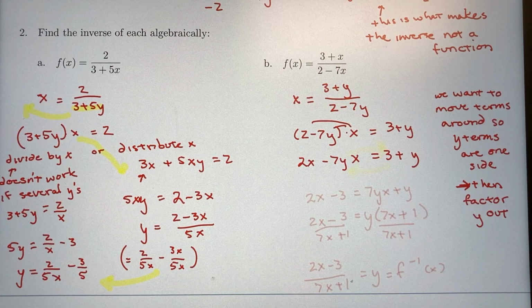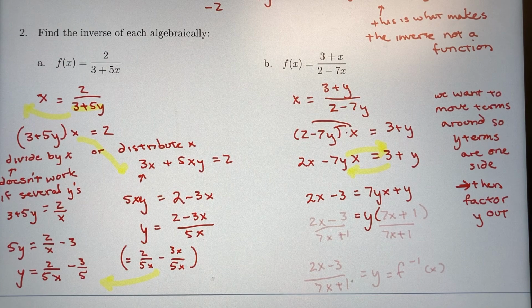Okay, so moving things, what do I need to move? Let's see, what's easiest? I think I'm going to move the negative term over and then move the 3 to that side. So 2x, I'm going to move the 3 over, becomes negative. Going to move the 7yx, it becomes positive. Now on this right side, I have y times what?